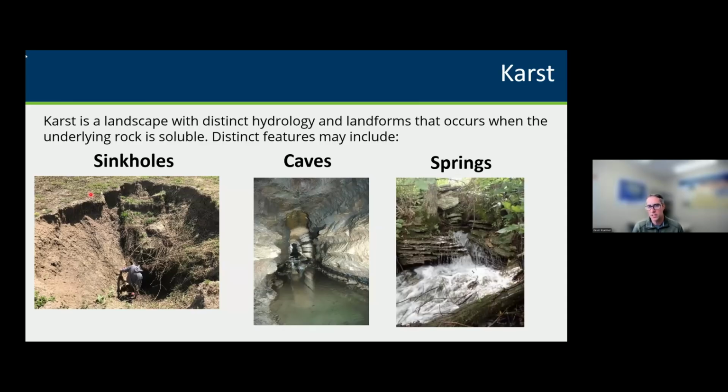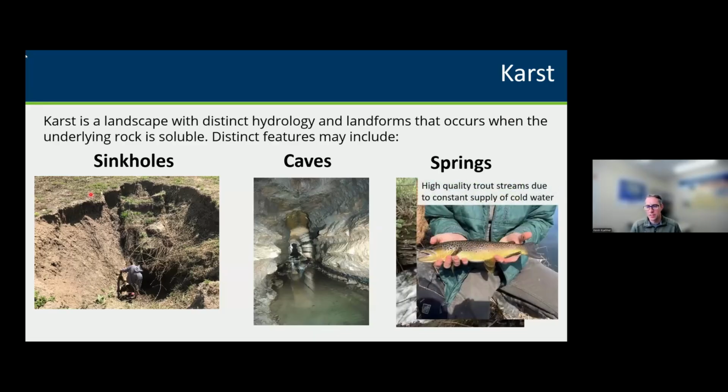And it creates these features on the landscape, such as sinkholes, caves, and springs. And this network of underground plumbing essentially creates a mix of groundwater that comes out as springs and feeds our streams and provides these high quality trout streams. And it's because of this constant supply of cold water.